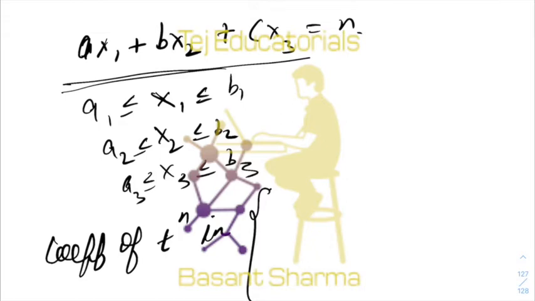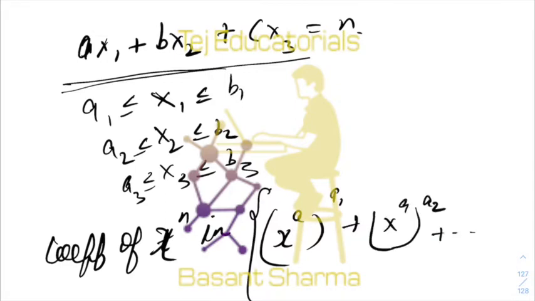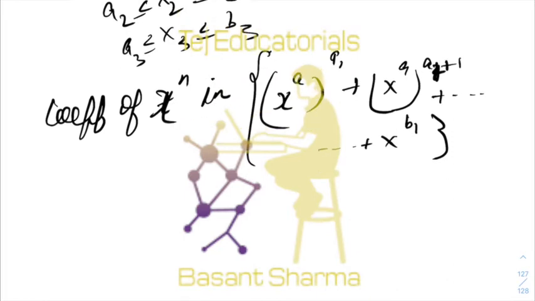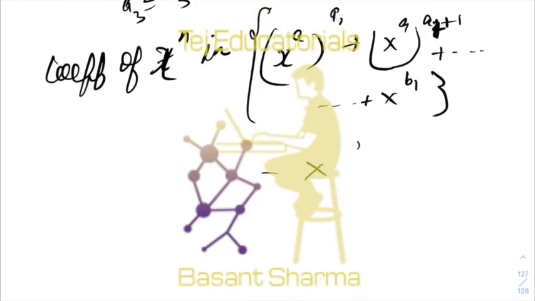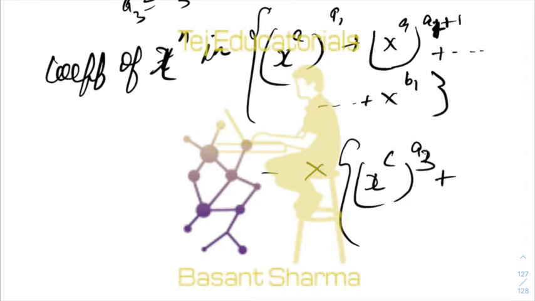You will take the coefficient of x to the power n in x to the power a1 a plus x to the power a(a1 plus 1), and so on till x to the power a b1, multiplied by the second bracket, and by the third bracket, which is x to the power c a3, and so on till x to the power c b3.